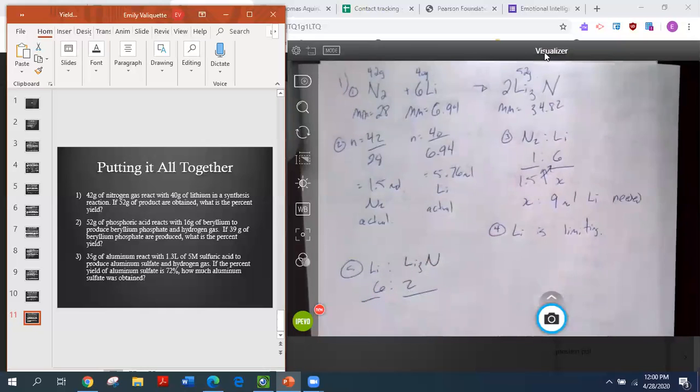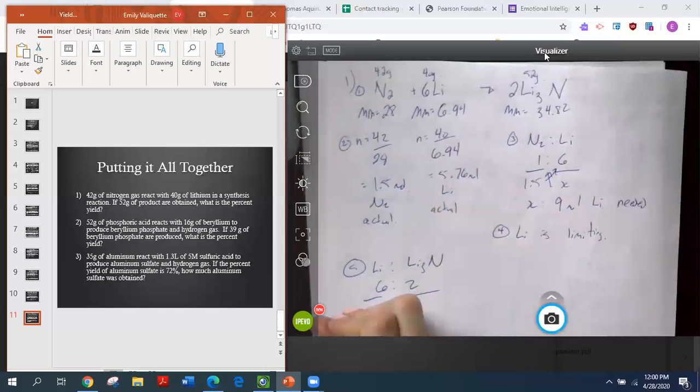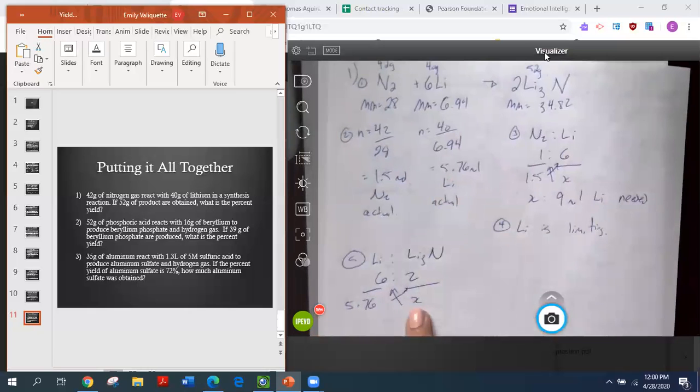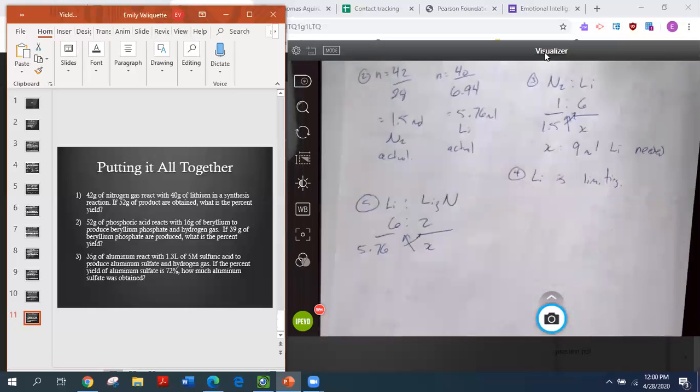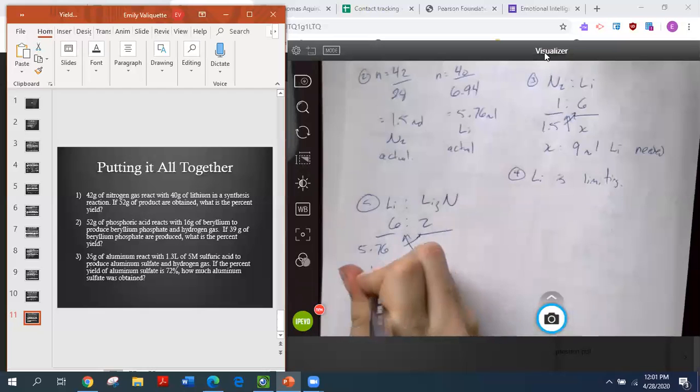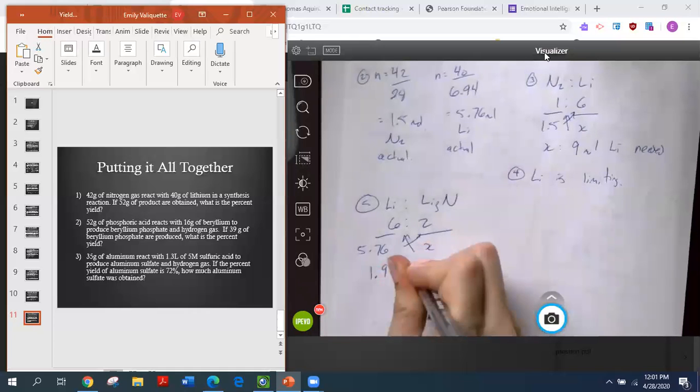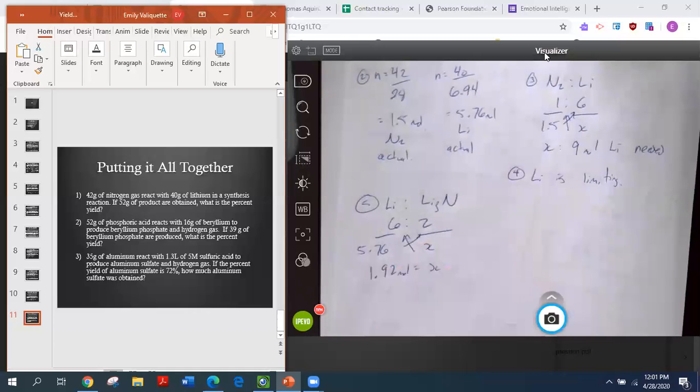I'll plug in the actual amount of lithium that I have, which is 5.76 moles, and solve for the amount of lithium nitride. So I'll do 5.76 times 2 and then divided by 6. Again, you can do that in 2 separate steps if you want, but you should get that X is equal to 1.92 moles.